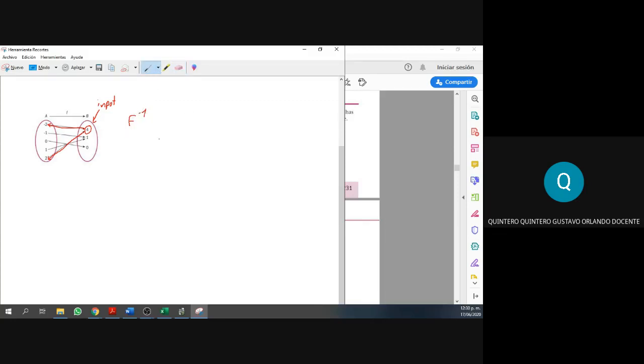Now, maybe I wasn't clear on that point, but anytime we try to find an inverse, and that inverse is not a function, sorry, guys. Whenever the inverse is not a function, then we say that the function doesn't have an inverse.